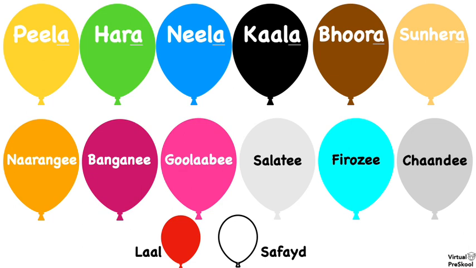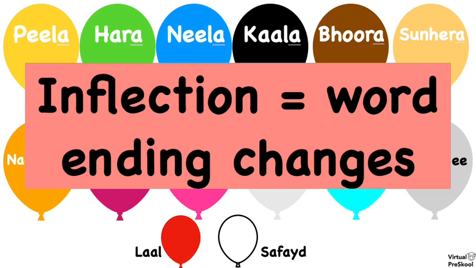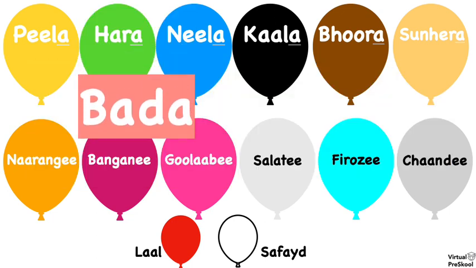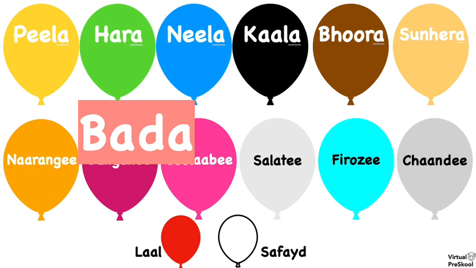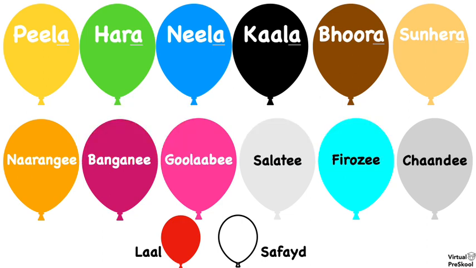Let's review the inflection of colors. But first, let's remind ourselves what inflection means. Inflection is the ending of a word changes. That's it. Inflection is a fancy word, but all it means is that the ending of a word changes. For example, we have the word bada, which means big, and it becomes badi. In Hindi, words ending with an a sound can change. So that means which color words change.